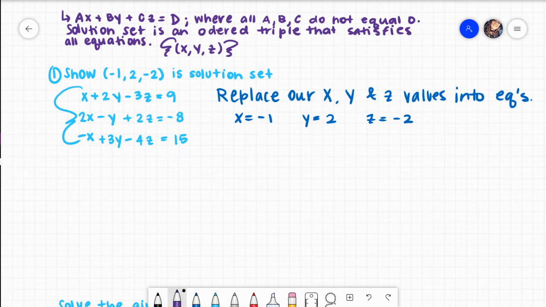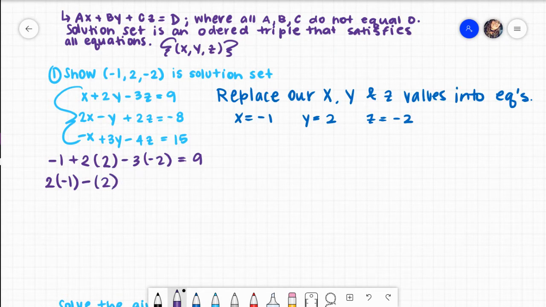What I get is -1 plus 2 times y, my y is 2, close, minus 3 times, that'll be -2, equals 9. Okay, and then going ahead and replacing those values for the variables in that second equation, what I have is 2 times x, which is -1, and then I have a negative, and it tells me to do a y.